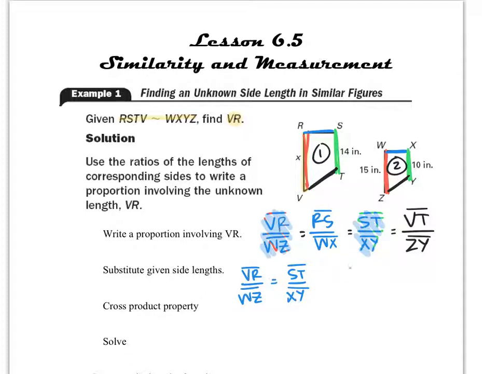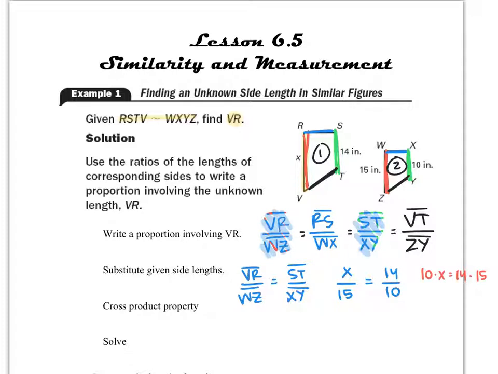Then we can fill in what we know about this. So VR is X, WZ is 15, ST is 14, XY is 10. And now we have a proportion, and we know how to solve proportions. We've spent a lot of time solving proportions. So in this case, I'm going to use cross products, which tells me that 10 times X is equal to 14 times 15.